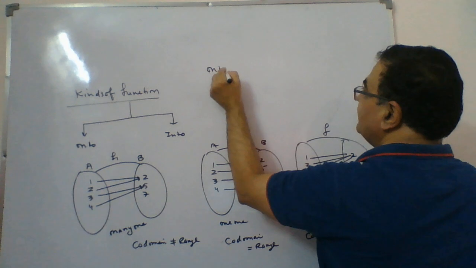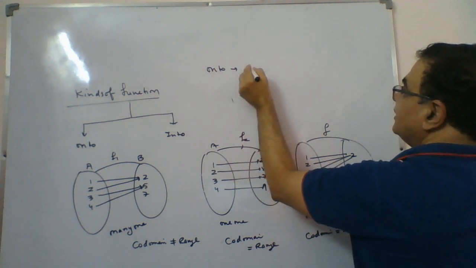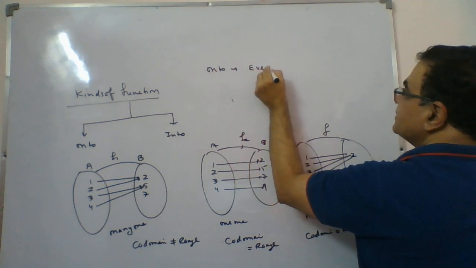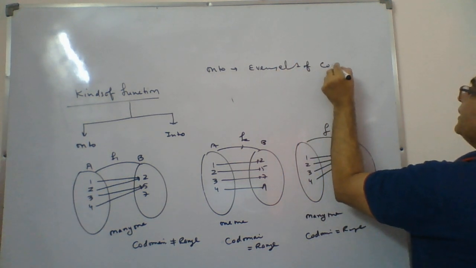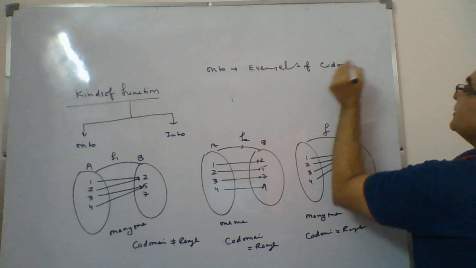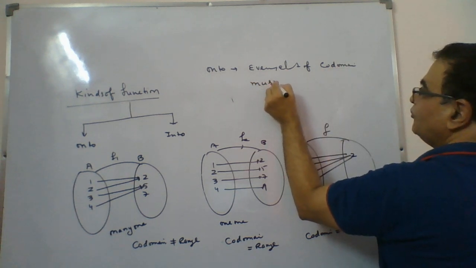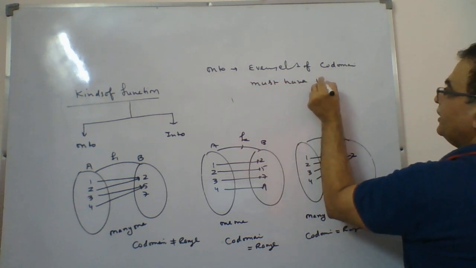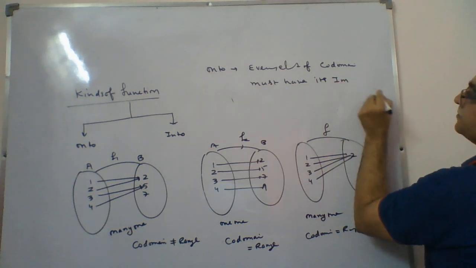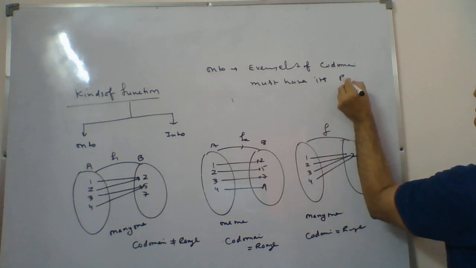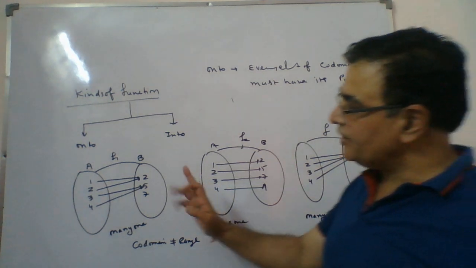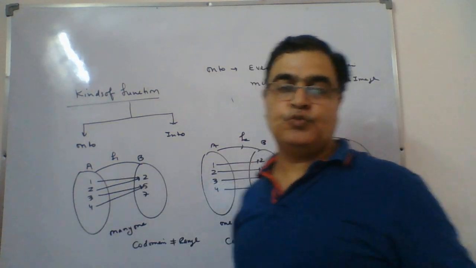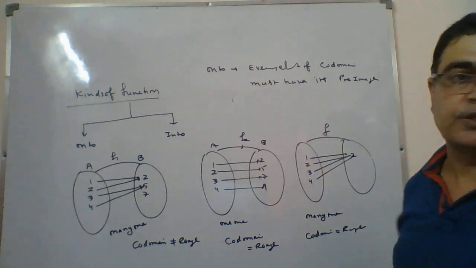Onto function, whenever I say, every element of codomain must have its pre-image. If each and every element has its pre-image, we will say it will be an onto function.